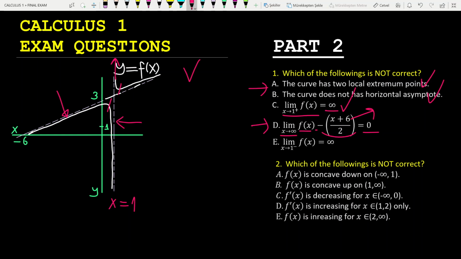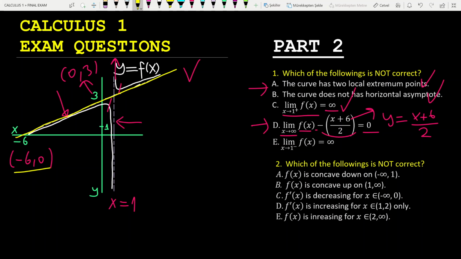D. Limit of f minus this function is equal to 0 when x tends to infinity. Let's try to understand what this function is. y equals (x plus 6) over 2. If you look at these 2 points, minus 6, 0, and here 0, 3, you see that this line passes through these 2 points.